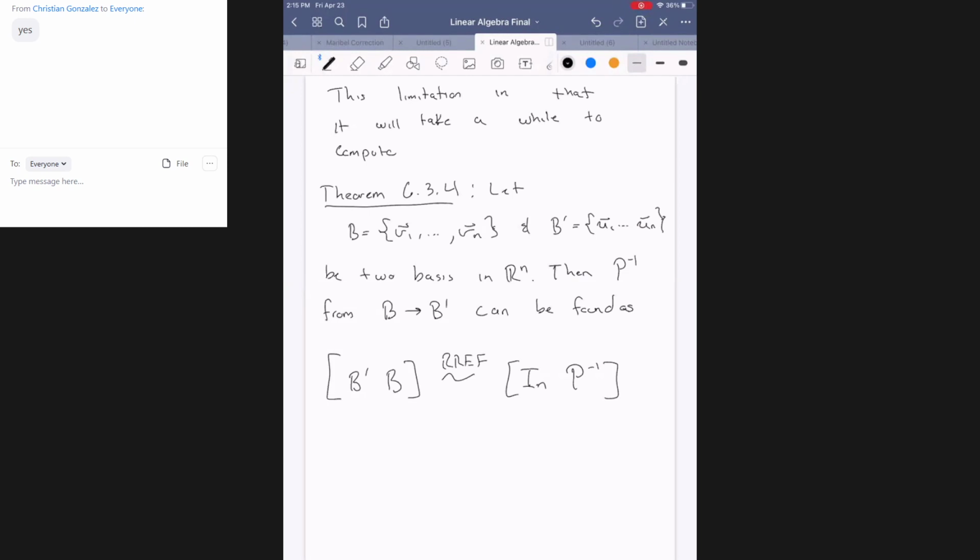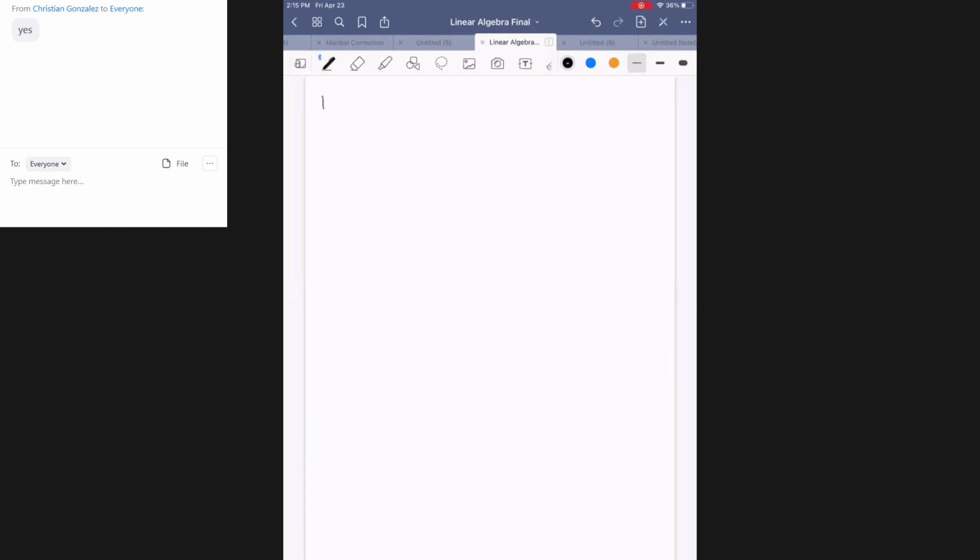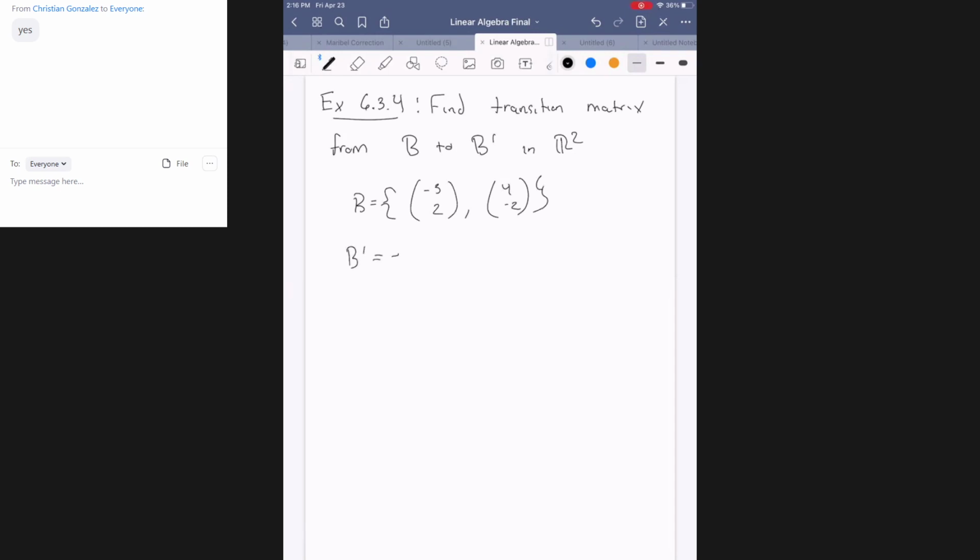Okay, so example: find the transition matrix from B to B prime in R2, where B is going to equal -3, 2, 4, -2, and B prime is going to equal -1, 2, 2, -2.